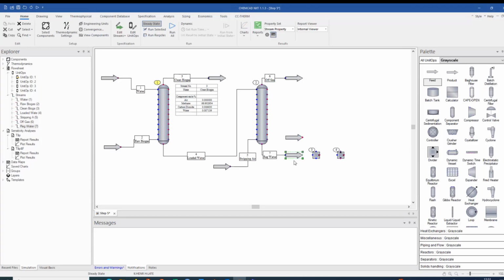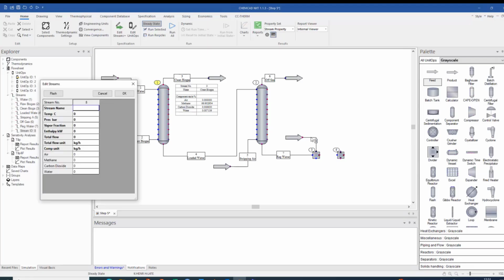So here we will have our makeup water. For better numbering this, stream 7 goes into the mixer. Here's our makeup water. Let's give it ambient temperature, ambient pressure, and let's fill in 1 cubic meter of water per hour.